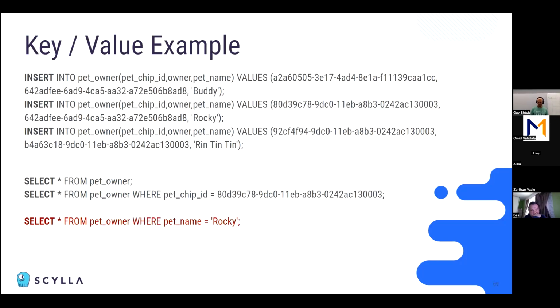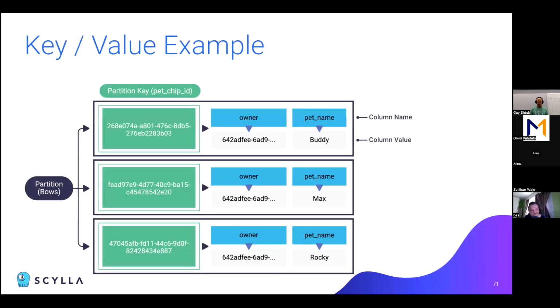Maybe let's go in the last few minutes that we have. I'll go back to the LSM tree. Yeah, maybe just look at this slide. So this is how data is actually stored in ScyllaDB and Apache Cassandra. So we have a partition, which is basically rows, where we have the partition key, the pet ship ID, and that has all the different columns.